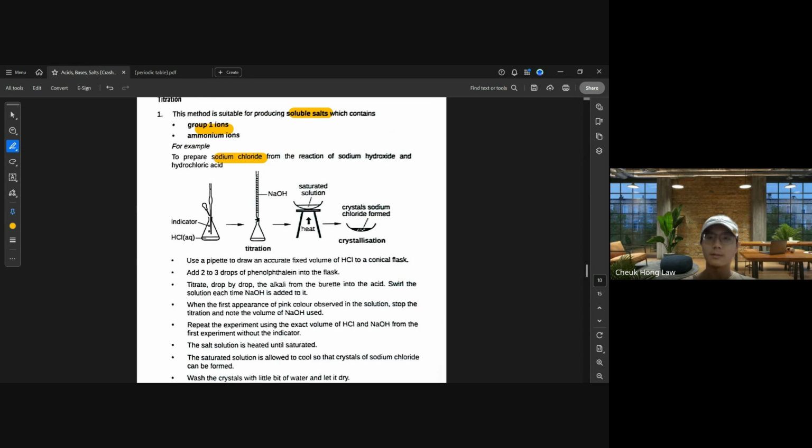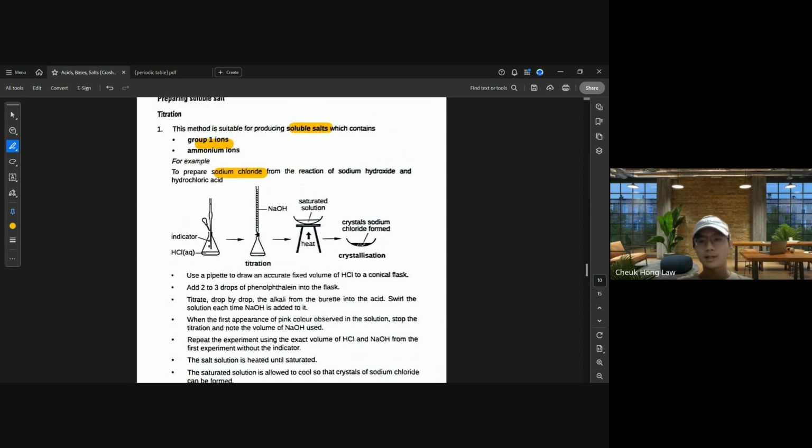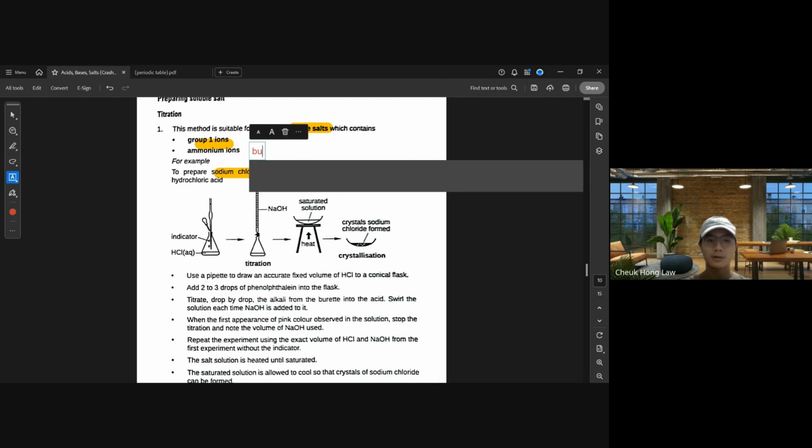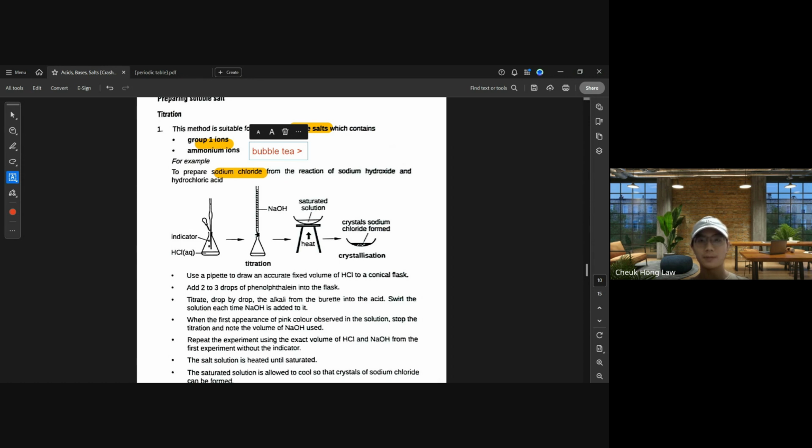When you go to a bubble tea store, let's say you are a regular at the place, how are they able to make it so consistently good? It's because they use the same volume of everything. Let's say you want 50% sugar, they will always use the exact amount of sugar. Large size is also always the exact amount of milk tea, the exact amount of ice, and the exact amount of sugar.